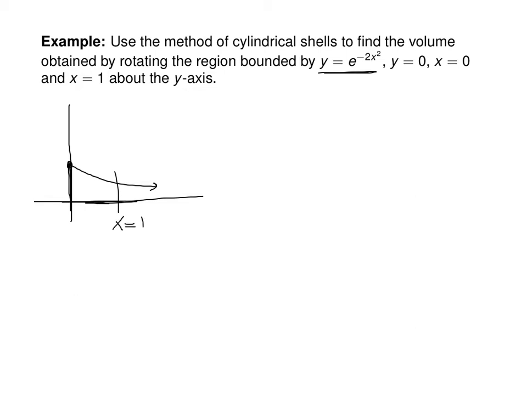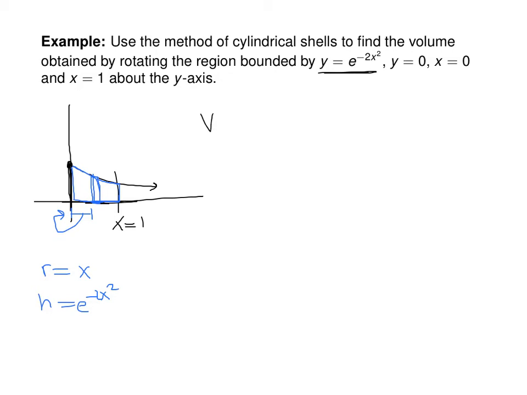We're spinning this region about the y-axis. So here is a general slice. The radius, the distance from my axis of rotation out to my slice, is x. The height of my slice is given by the function e to the negative 2x squared.